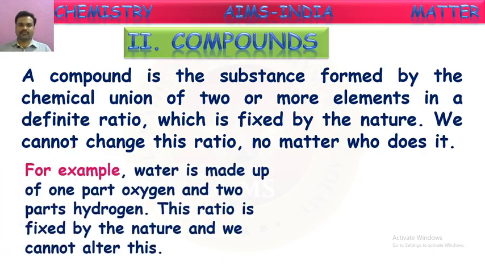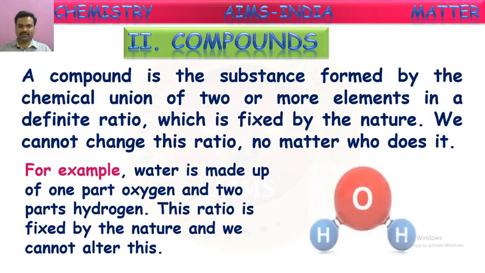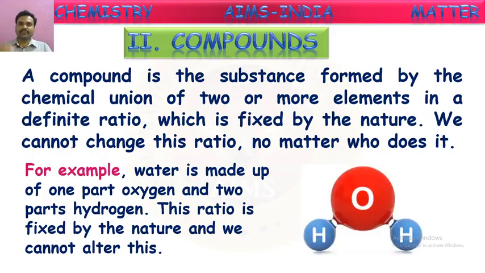For example, water is made up of one part of oxygen and two parts of hydrogen by volume. This ratio is fixed by nature and we cannot alter it. Wherever you collect water, if you observe the chemical composition of water, in the formation of water two volumes of hydrogen will always combine with one volume of oxygen.